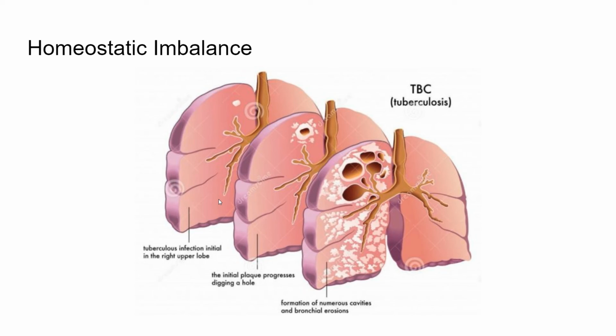And what it does, and you can see this degradation of the lung tissue here from a relatively healthy lung that has this one spot of tuberculosis. But what happens as tuberculosis works its way through is all of that white that you see there is scarring in the lung, and it loses its elasticity. And so then in order for you to breathe, you have to use a whole lot more energy.